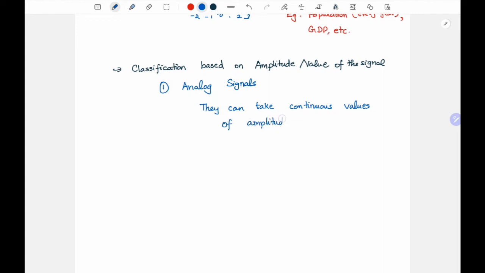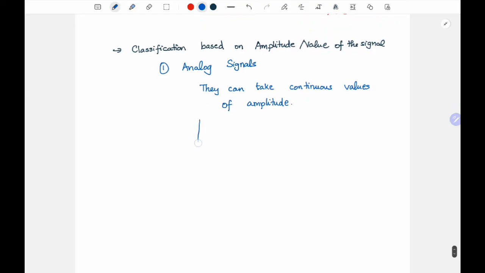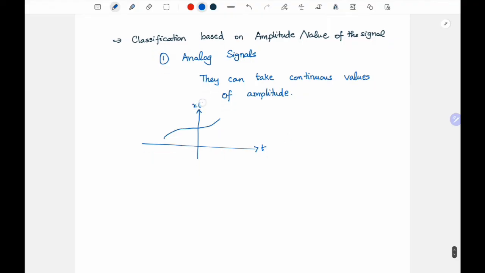Right? Example, this signal t, x of t, some signal. So you can see that the amplitude is varying continuously, right? And it can also be in discrete time. So if you just sample this signal at instances, we will have something like this, right?